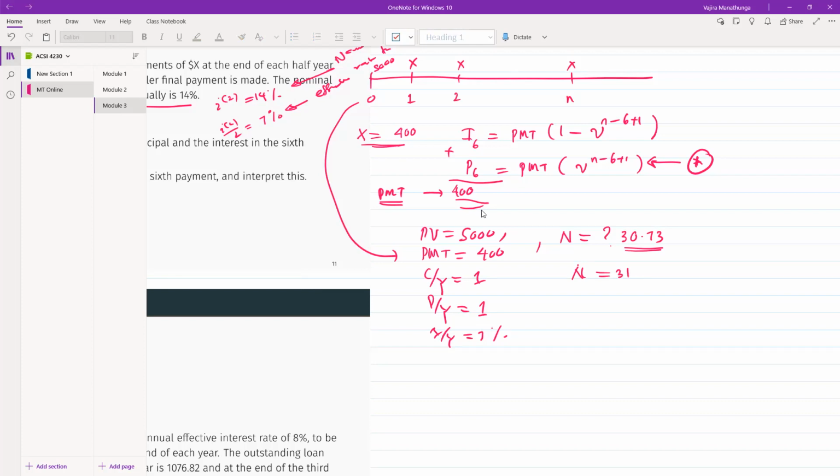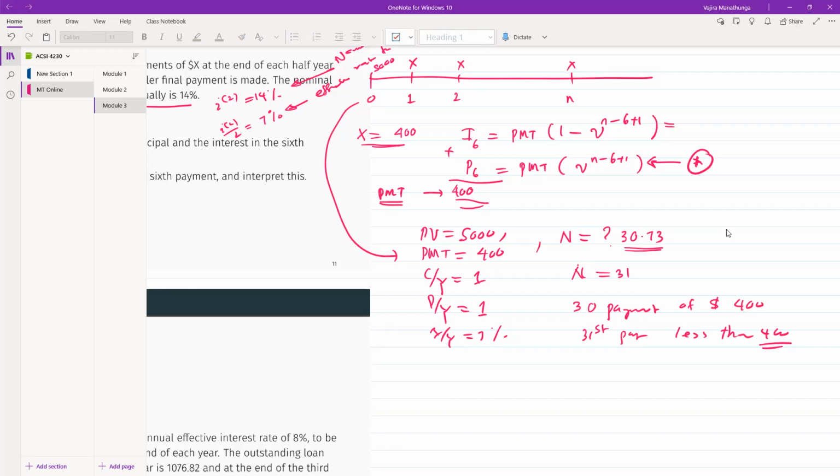What that means is 30 payments of $400 and a 31st payment less than 400. That's how you are going to pay, because you need more than that. So now we know n equals 31. So let's calculate I6 and P6.